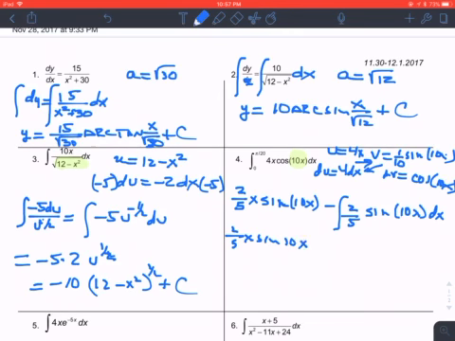I know I'm going to get a cosine of 10x, and I'm going to get a 1/10 out front. And if I check this, the derivative of the cosine is negative sine, so it becomes positive. And 2/5 times that 1/10 is 2/50 or 1/25.